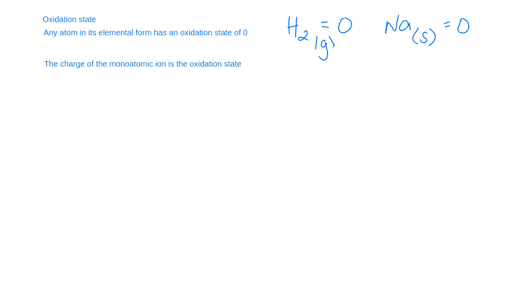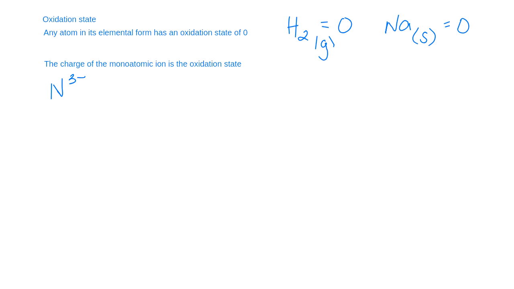Now, oxidation states, you might recall, can either be positive or negative, and we need to specify that. So make sure that you are paying attention to whether something is positive or negative, not just what its value is. If we were to look at, for instance, the nitride ion, nitride is N3-.